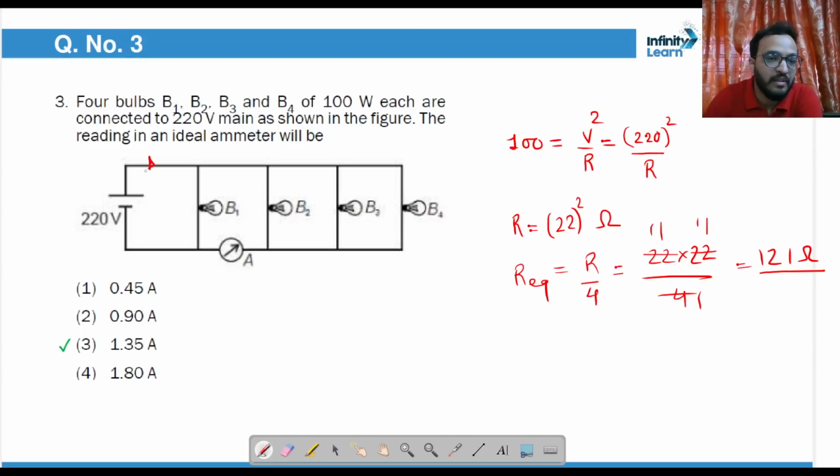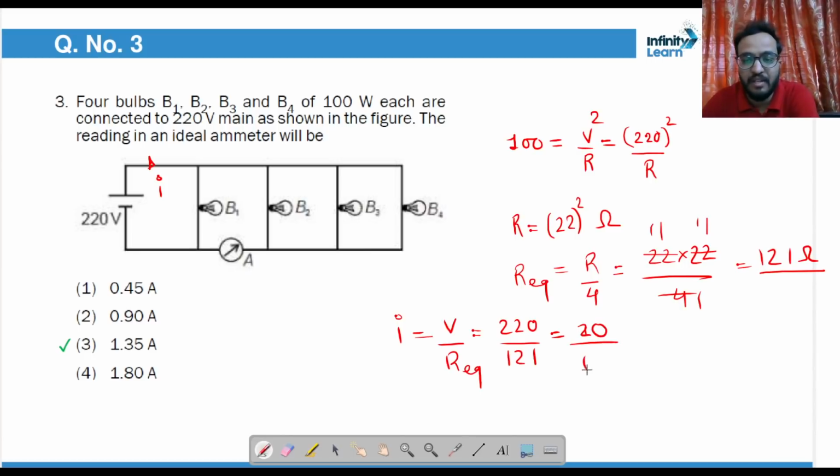Now tell me, what is the total current that is coming here? Total current will be V upon R equivalent, that is 220 upon 121, which is 20 by 11 ampere, right?